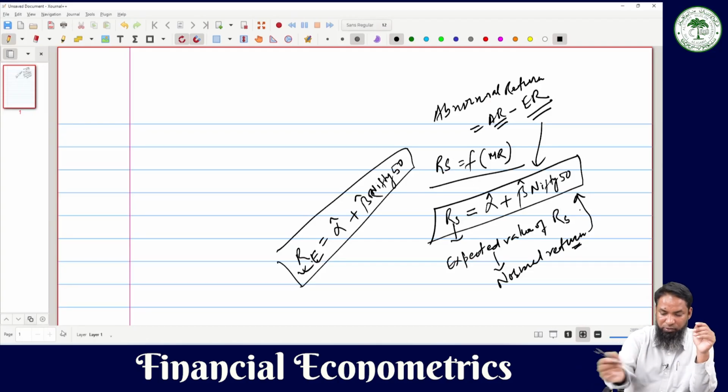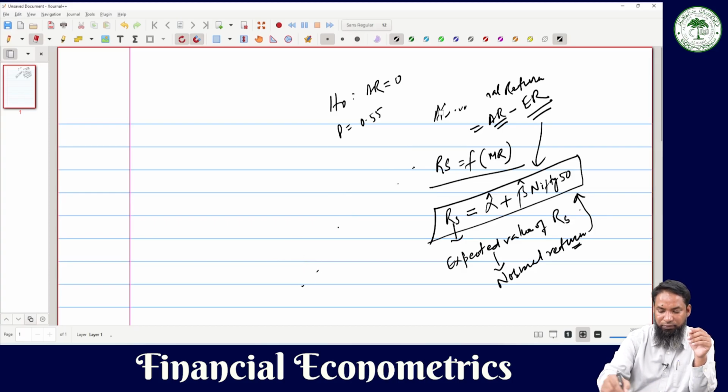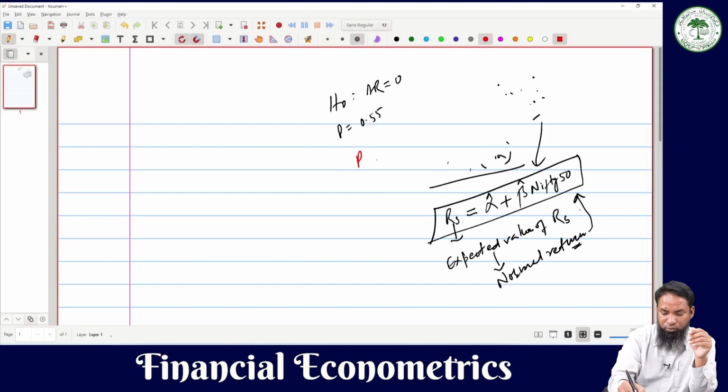So we have the null hypothesis, that abnormal returns are equal to 0. The P value we have is 0.55. Now the rule is this: if the P value is closer to 1, that means accept the null.